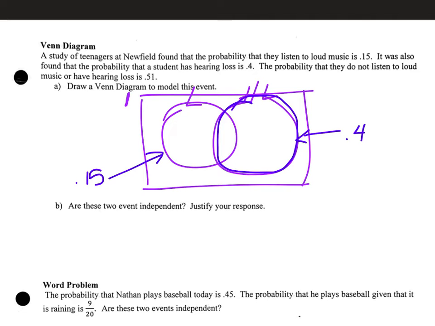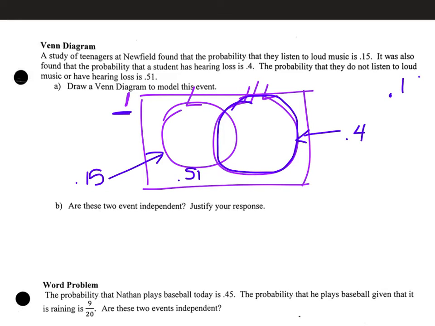The probability they do not listen to loud music or have hearing loss, so they don't do either, so that's out here, is 0.51. Okay, so to do this one, again, whenever we're doing Venn diagrams, we always have to do the middle part first. There are many different ways to do this, but if you add all of these numbers together, you should get 1.